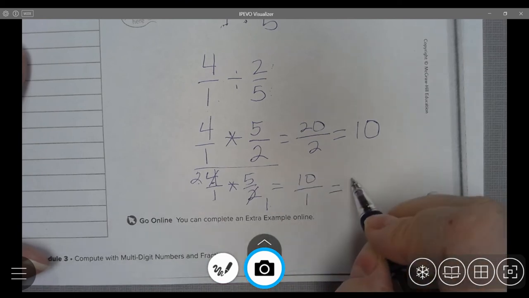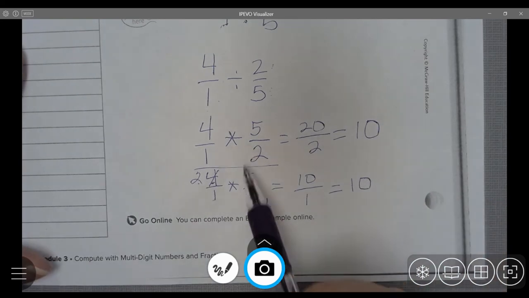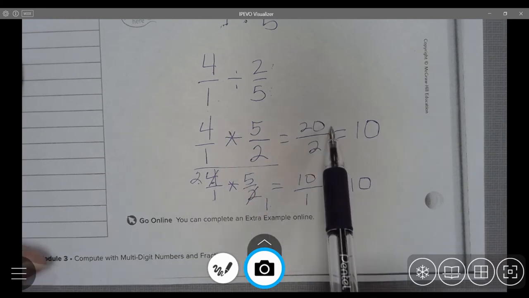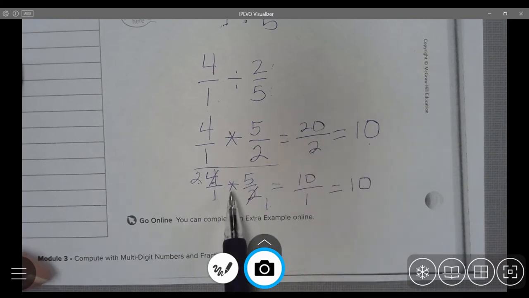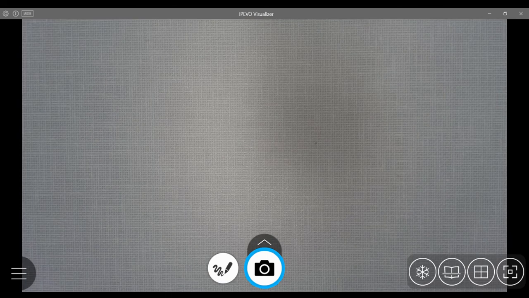Remember, anything over 1 is that numerator, 10. So it depends on what you would like to do and which one works best for your brain. If you would like to multiply and then simplify, or cross cancel and simplify and then multiply, you are fine with that. I'm going on to page 161.